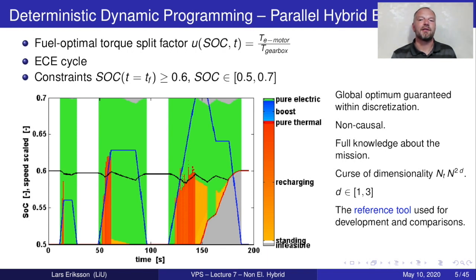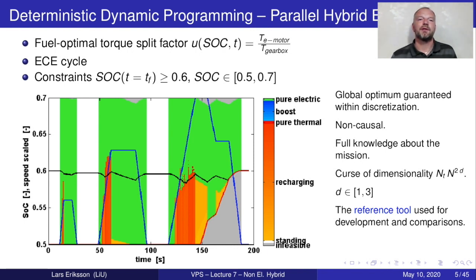The further in dimensions you get, we have the curse of dimensionality. The solution time is proportional to the length of the cycle, number of discretization points. If in each dimension d we have n points, the complexity of the total problem is n to the power of d. So here we have an exponential growth in complexity with the dimensions that we would like to have in the problem.